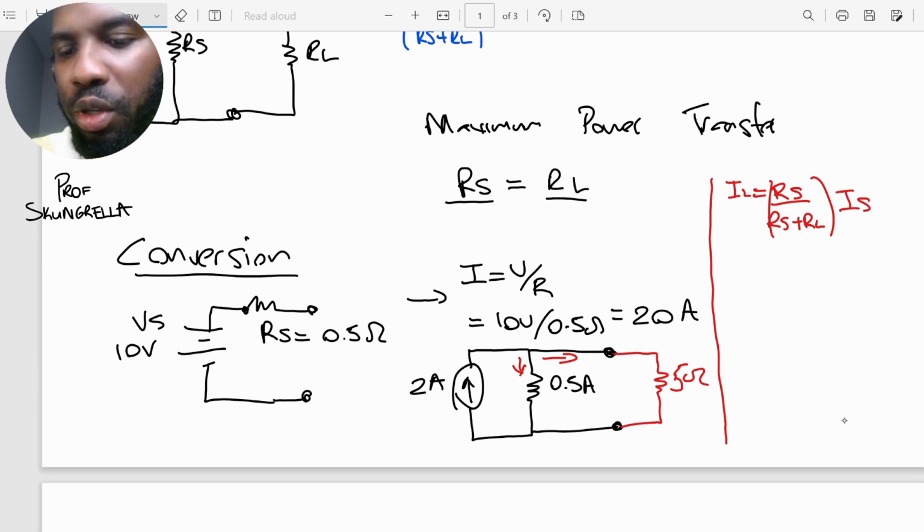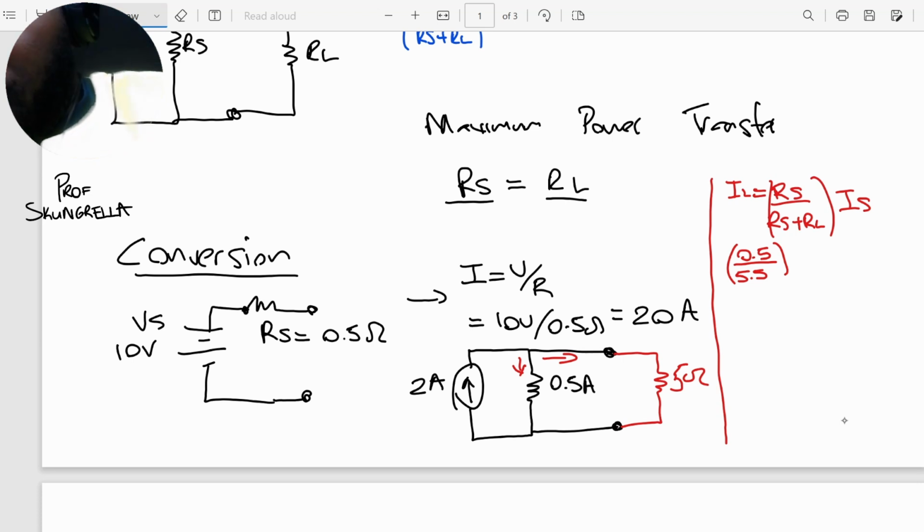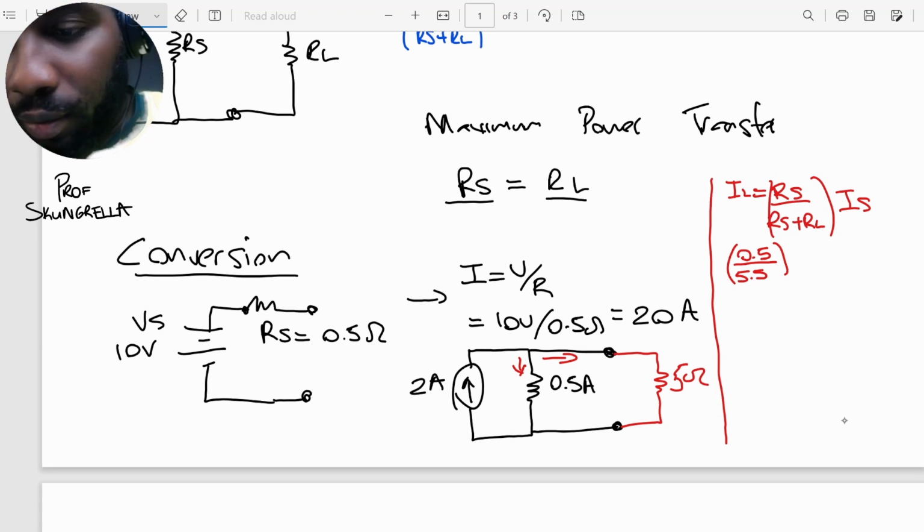In this case, it's going to be 0.5 over 0.5 plus 5, so 5.5, times IS, times 20.